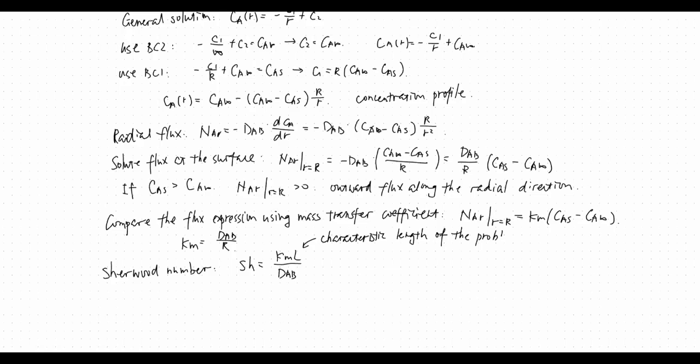Now in our problem, the characteristic length is the diameter of the sphere, which is 2R, divided by DAB. So you substitute the Km, just discussed as DAB divided by R, multiplied by 2R divided by DAB, equal to 2. Okay, for this problem, the Sherwood number is 2.